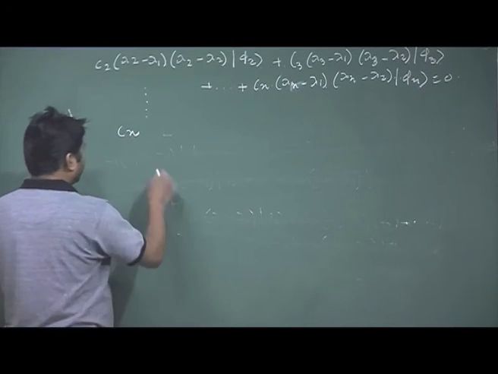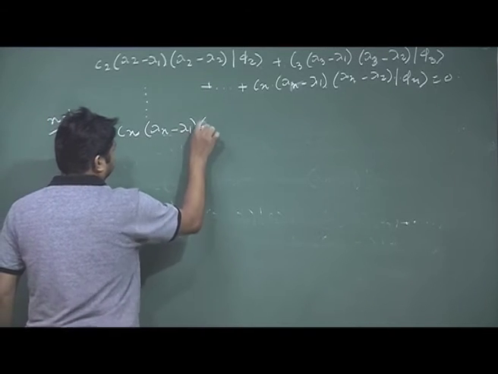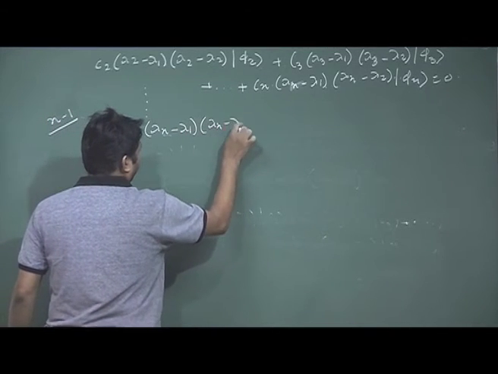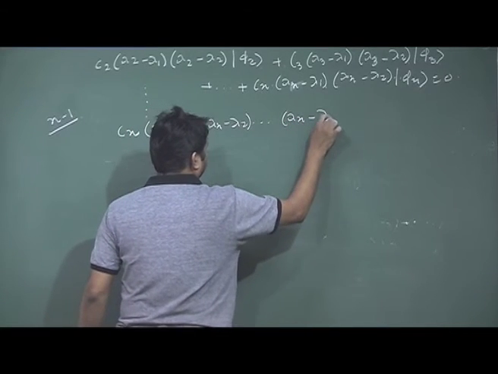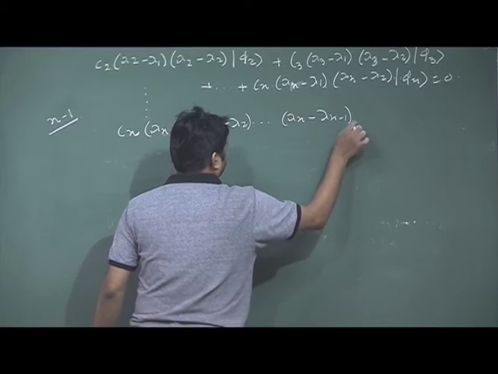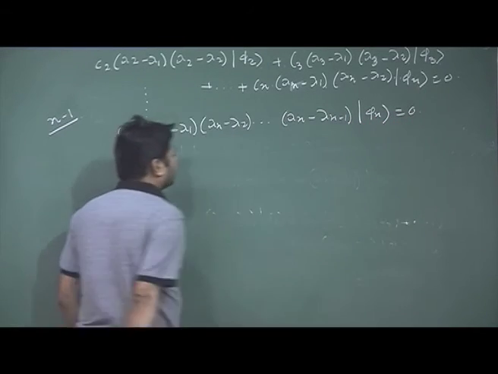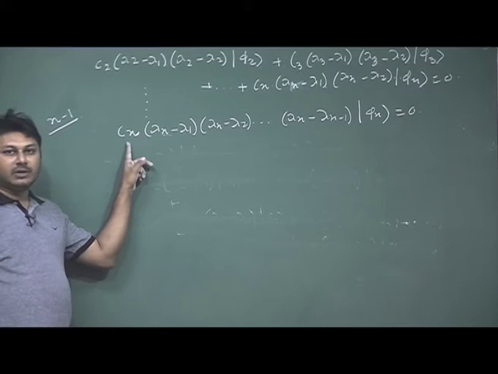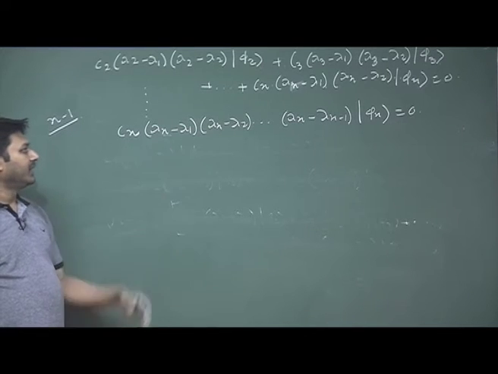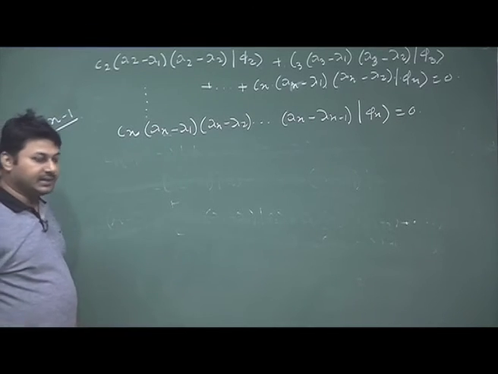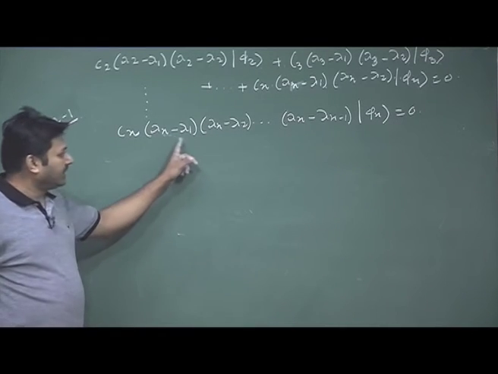So, in the last operation you will have an expression like this. This is my operation at the n minus 1th operation. Now, important thing is all the lambdas are distinct.